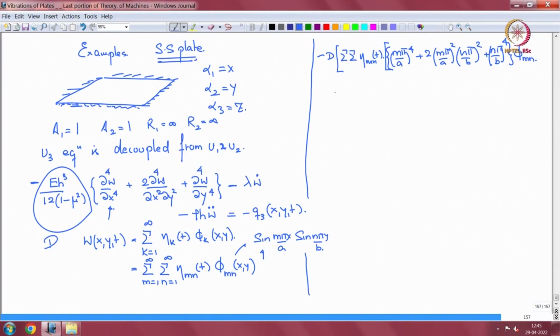Minus lambda eta mn dot phi mn, minus rho h eta mn double dot phi mn is equal to minus q3 x comma y comma t.